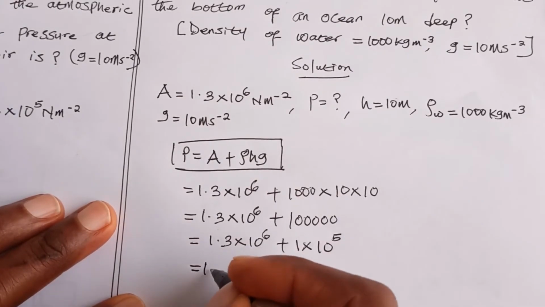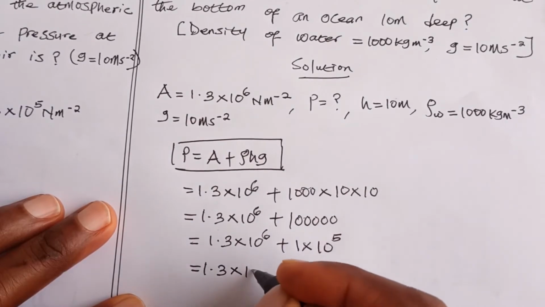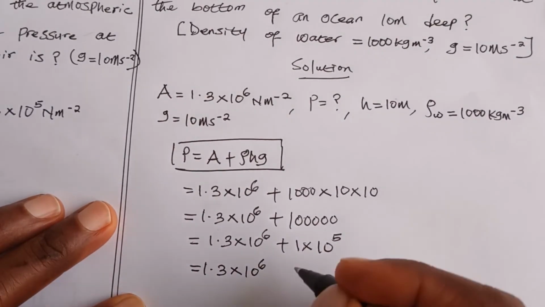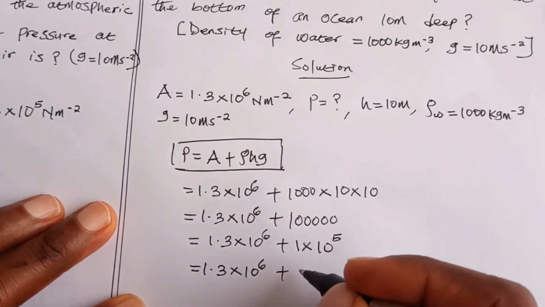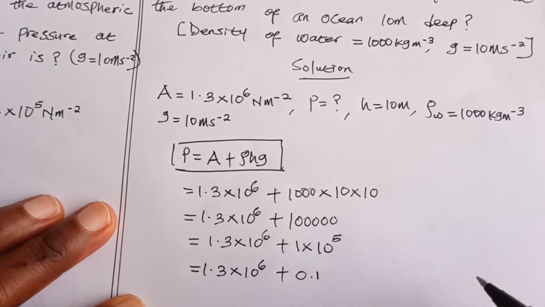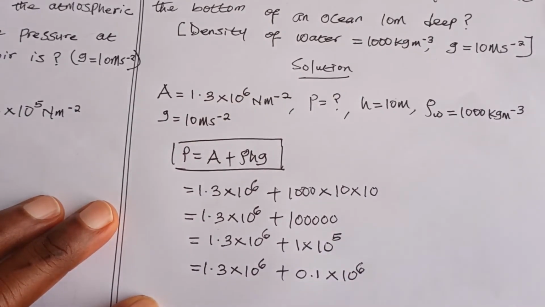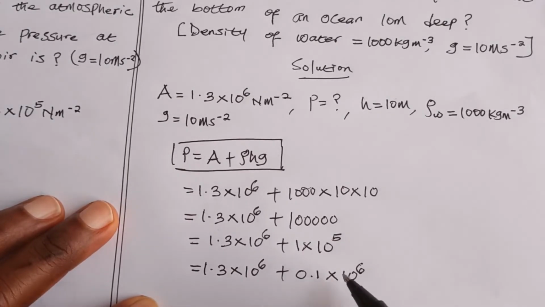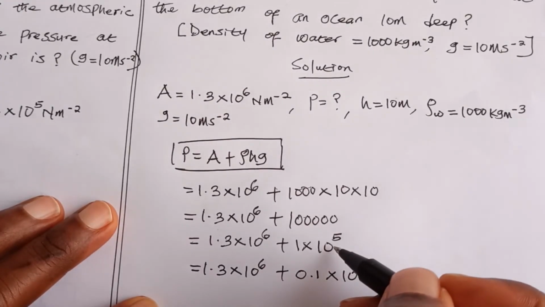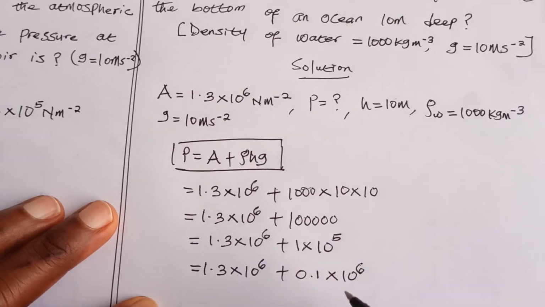I have 1.3 times 10 raised to the power 6 plus, now you know that I can say this is something as 0.1 times 10 raised to the power 6. It's still the same thing. 0.1 times 10 raised to the power 6 is the same thing as 10 raised to the power 5, because this is minus 1. So minus 1 plus 6 is 5. So you are back to this. So this guy and this guy, they're still the same thing.